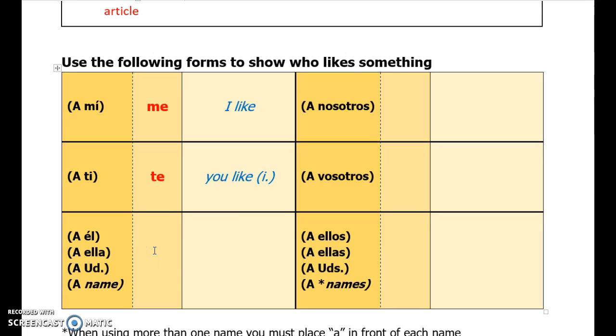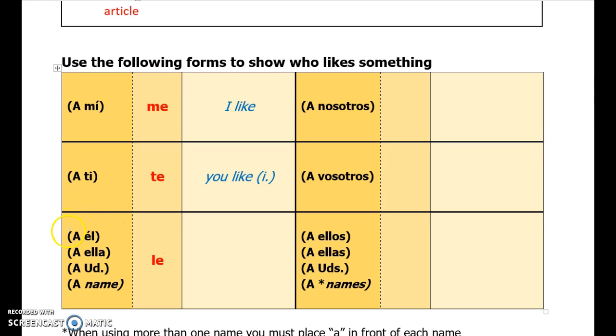A él, a ella, and a usted, or a name. So you can say a la señora Mazorti, or you could say a Maria, or a Paco, or a Pepe. You put it in front of a name. In true third person singular tradition, we're going to use le for all of them. So a él le, a ella le, a usted le, and a name. Now notice up here, I didn't mess up.